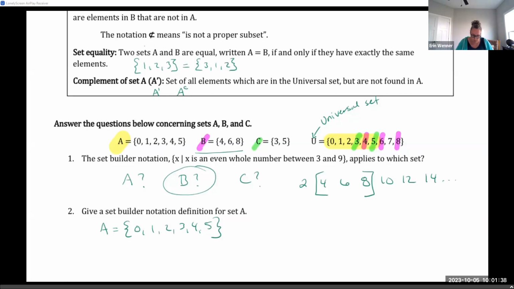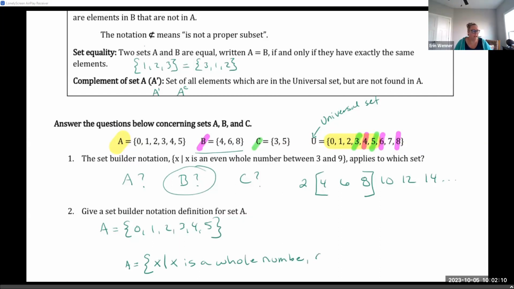And so what we'd want to say is that A is our set. A is equal to the set of X such that X is a whole number and it's greater than or equal to 0, but less than or equal to 5.